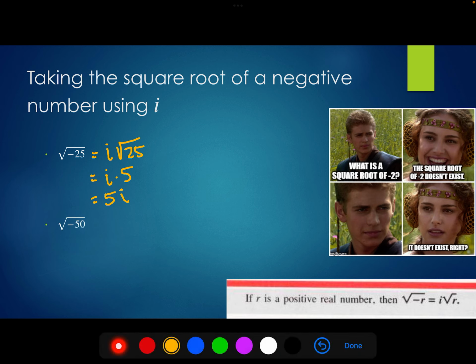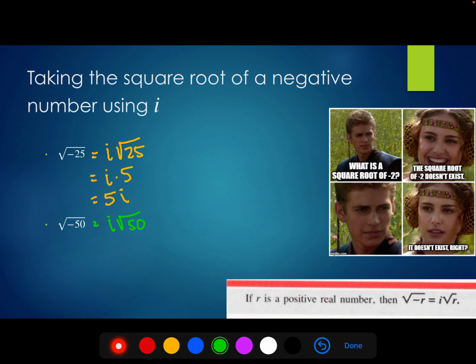Now let's try it again, taking the square root of -50. Again, we're going to apply this rule down here. So our r value here is 50, and we have a -r, -50, under that square root. So this will become i times the square root of 50. Now we just have to take the square root of 50, and we're basically done.